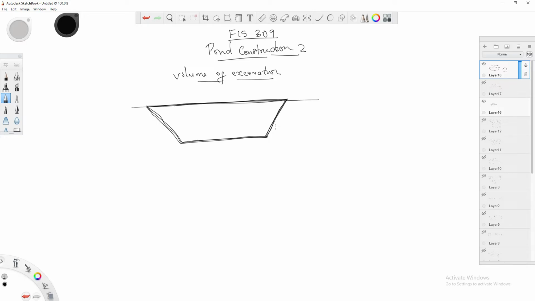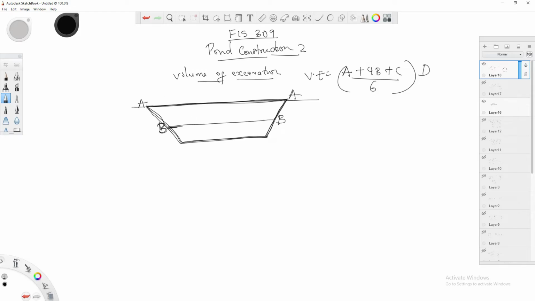to form the excavated part of the pond, and this is the formula for finding it. The volume of excavation equals A plus 4B plus C, all over 6, multiplied by D. Now this formula, we're going to understand it very soon. A is the topmost surface area.